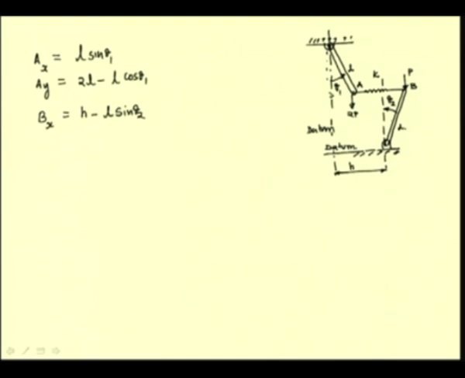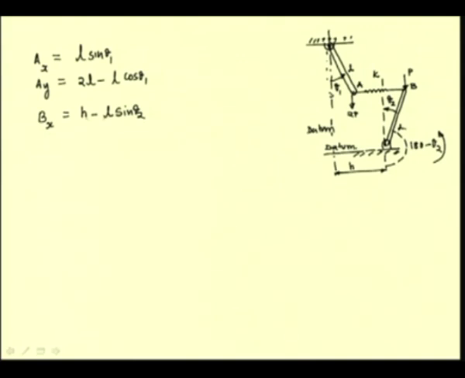Otherwise, we can measure this from the datum, and so this will be 180 minus theta 2, and so we have this quantity as minus L sin theta 2, because this link's position has to be measured from the datum in the positive sense, which is 180 minus theta 2.